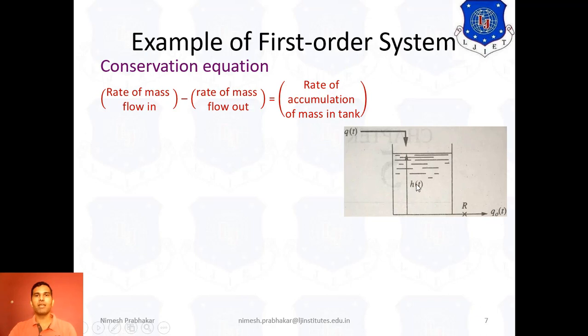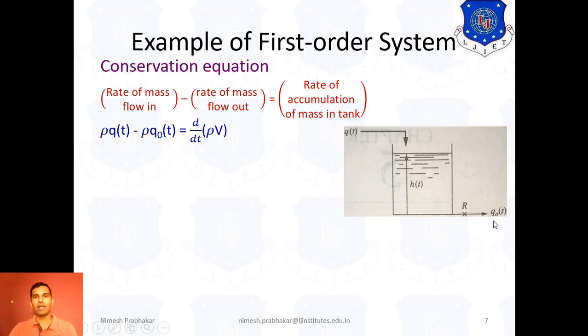So mathematically we can write this as follows. Flow in is represented by Q, and rho is the density, so the water flow and the water density is rho. So we can write the rate of flow in as rho into Q of t.